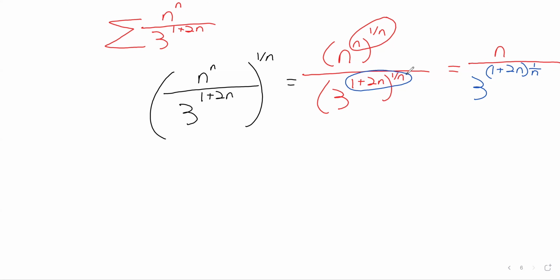But what is this? Well, we can do the algebra. We can multiply through. So this distributes. So 1 times 1 over n is 1 over n. 2n times 1 over n is 2.